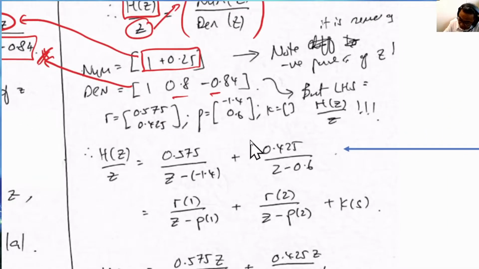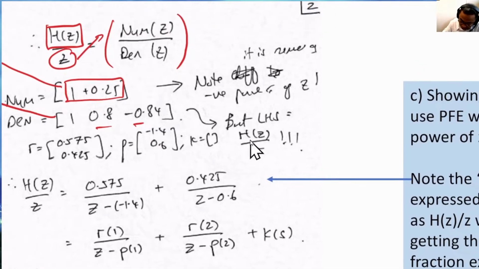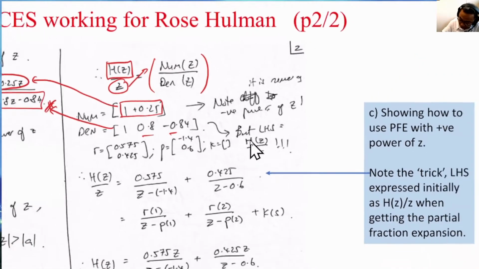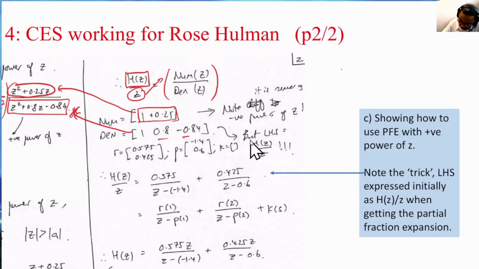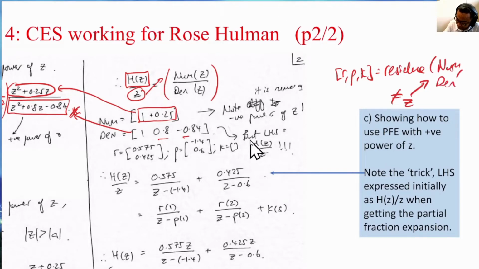We use the residue function. So please remember, this is using rpk equals residue. There is no z, okay? That's residue, not residuez. We use the numerator and denominator because we are using positive powers of z in the expression.